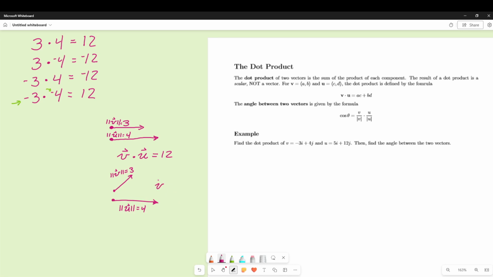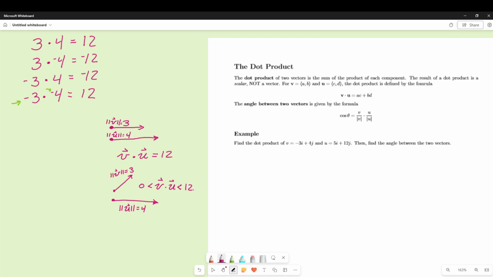Now, we can still take a dot product, and because they're kind of working together, that dot product is going to be positive, so it's going to be greater than 0. But because of the lack of efficiency, because they're not working in perfect concert with each other, their dot product is going to be less than 12.